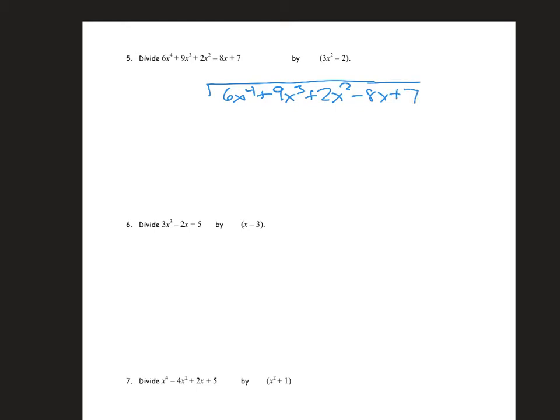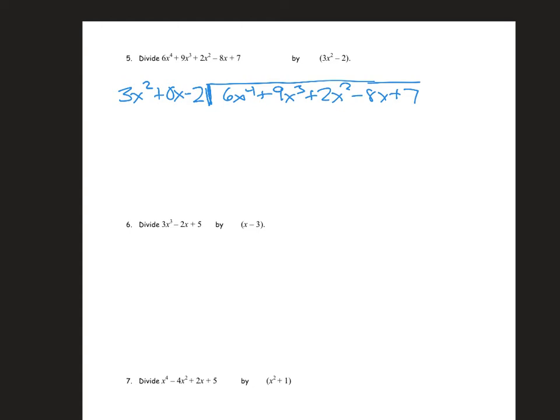So all good there. But my divisor is 3x squared minus 2, so I don't have a linear term. To make sure things line up properly, I'm going to put 0x for that linear term, minus 2. That's what I mean by putting in a placeholder. Just put 0 times whatever degree it is, so things end up lining up properly.